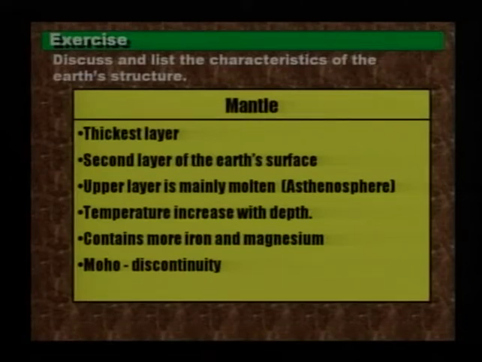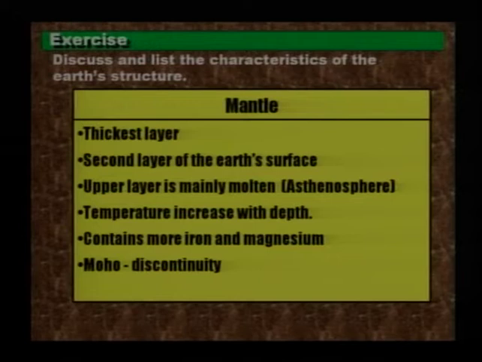You also note that the mantle is the second layer of the Earth, whether you're coming from the center up or from the top down. If you're coming from the crust down, you have the crust, the outer layer, the second layer, the mantle, and then the third layer or inner layer, which is the core. If we're coming from the core up, the inner layer, the core, then the second layer, the mantle, and then finally the crust.